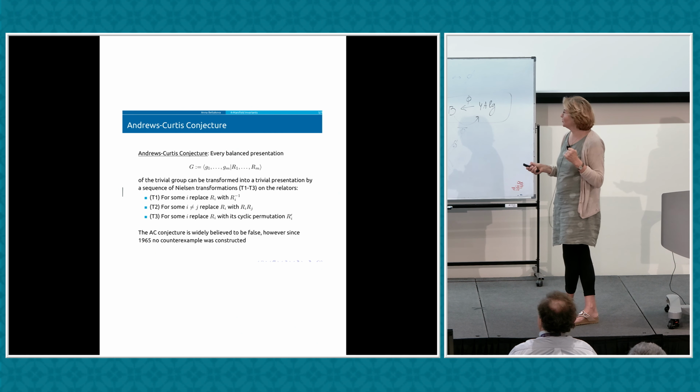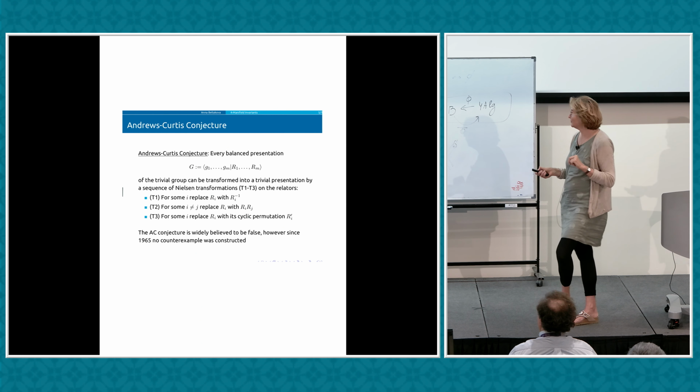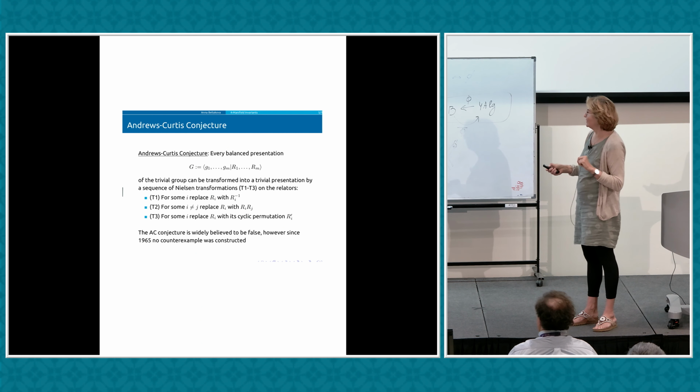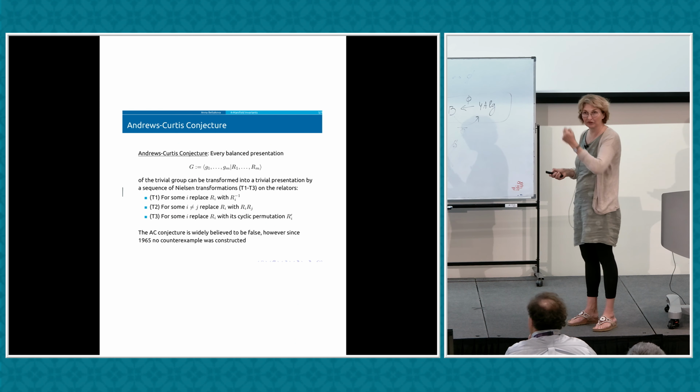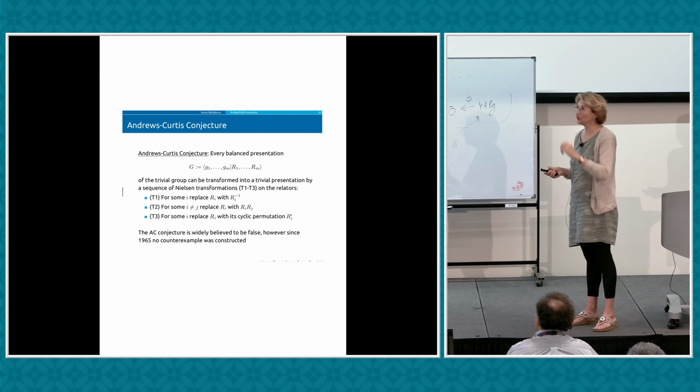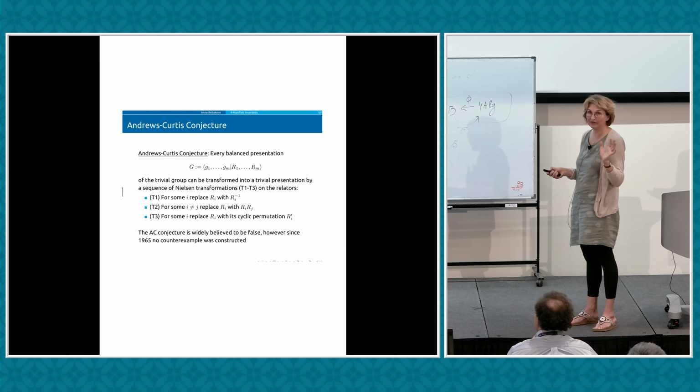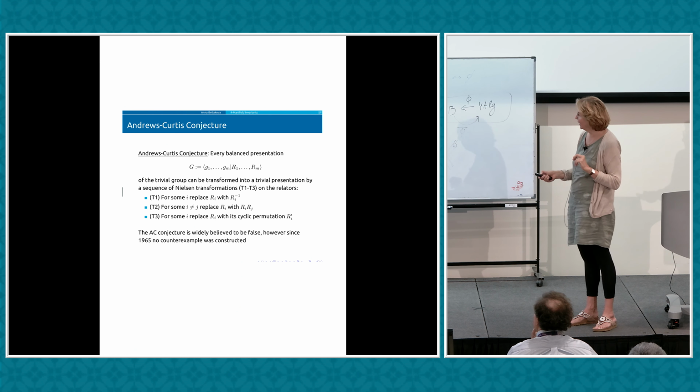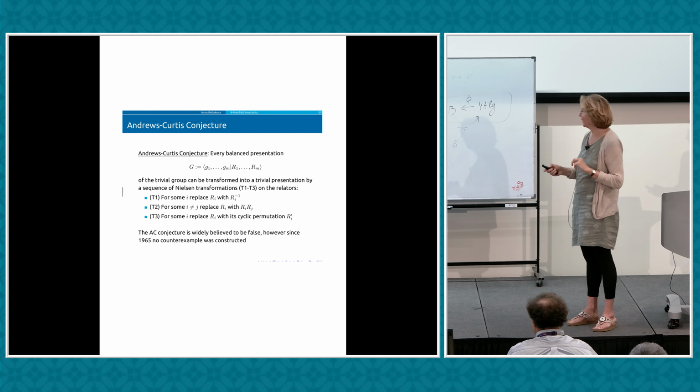If you have such a presentation of the trivial group and you consider only moves which never change the number of generators and relations, and you think about this group as pi1 of your 4-dimensional 2-handlebodies, then the conjecture is that you can always trivialize it without adding additional relations, just through balanced presentations. This is a conjecture which people believe is false, but since '65 there is no counterexample.